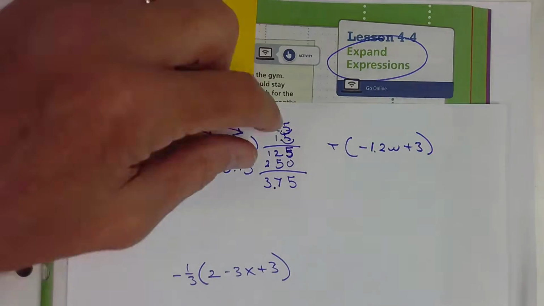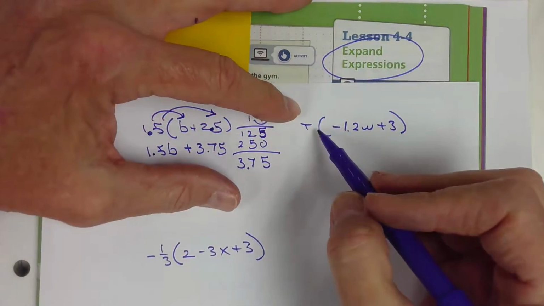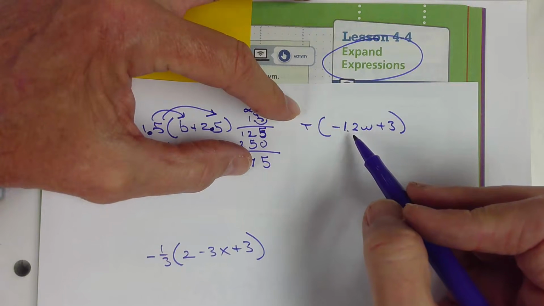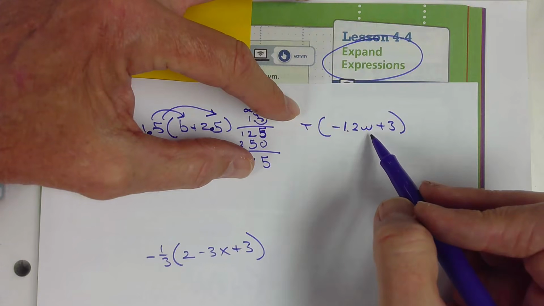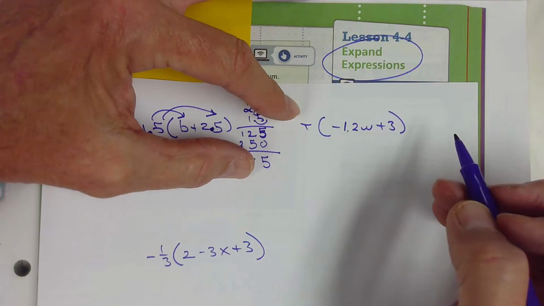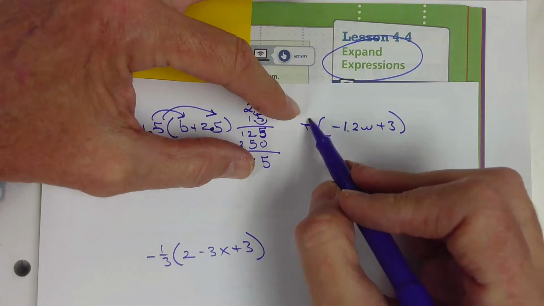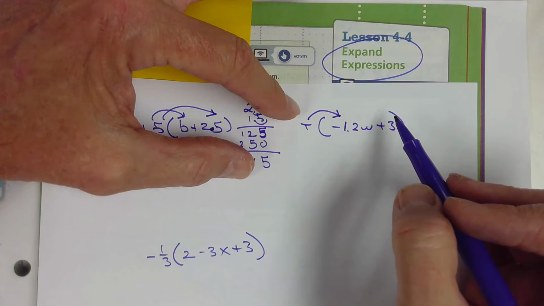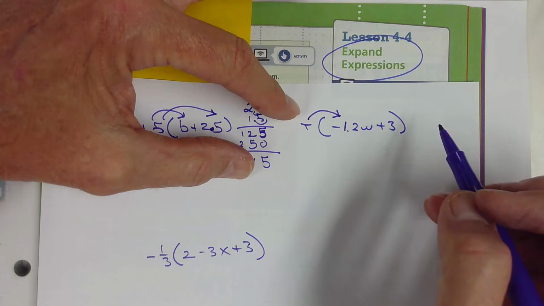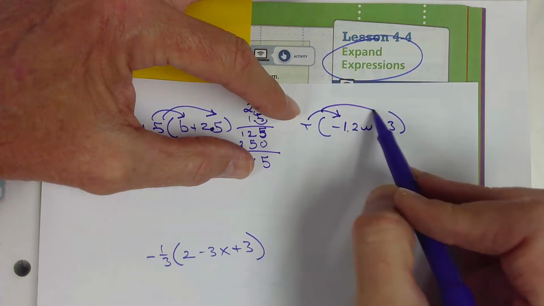Next one, Ms. Colburn. So how would I set this one up right here? So we've got a t, and then in parentheses we've got a negative 1.2 w plus 3. So you multiply the t times what? The 3, because you can't multiply the negative 1.2 w.